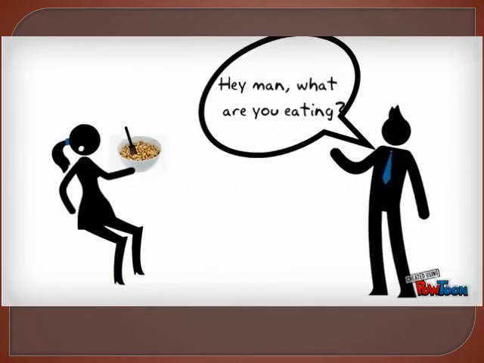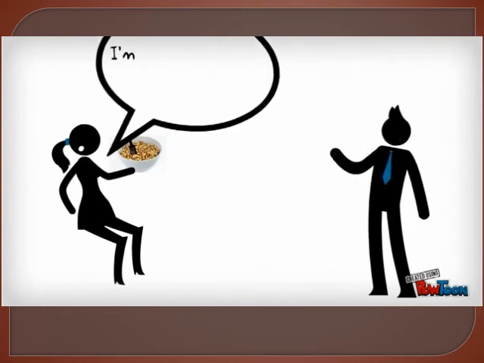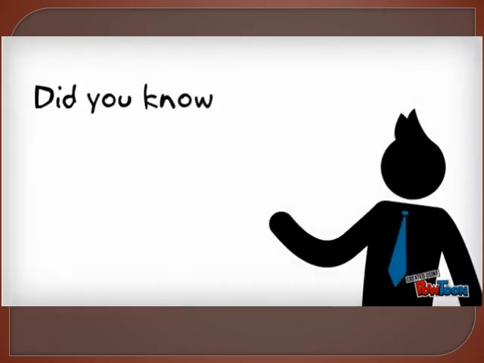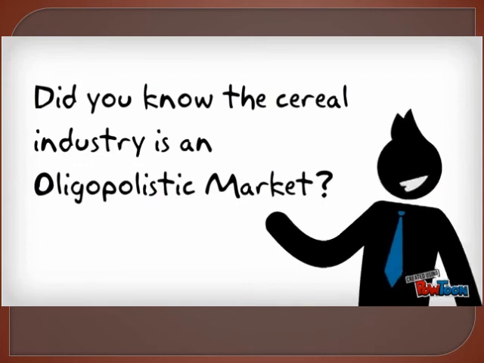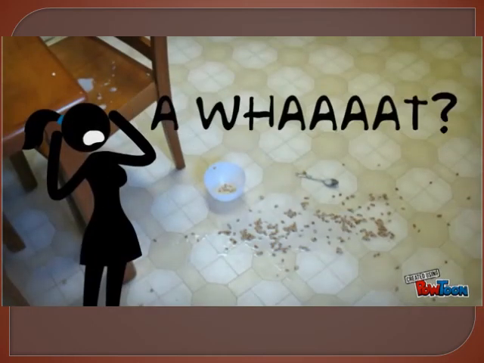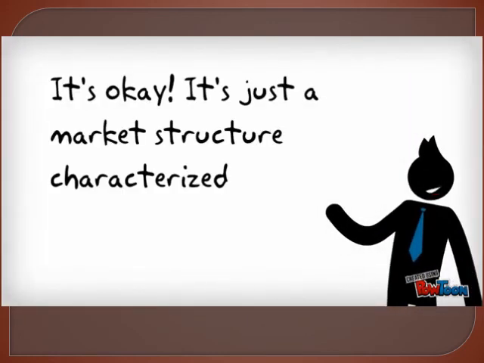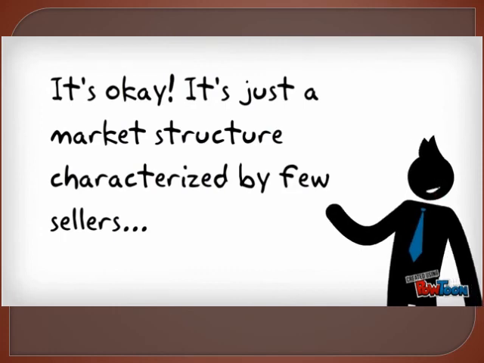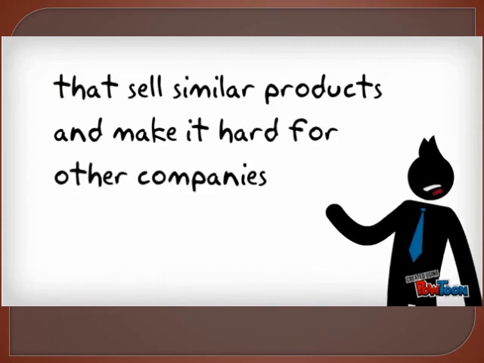Hey man, what are you eating? I'm enjoying my Honey Nut Cheerios. Did you know the cereal industry is an oligopolistic market? Oh, what? It's just a market structure characterized by few sellers that sell similar products and make it hard for other companies to enter the market.